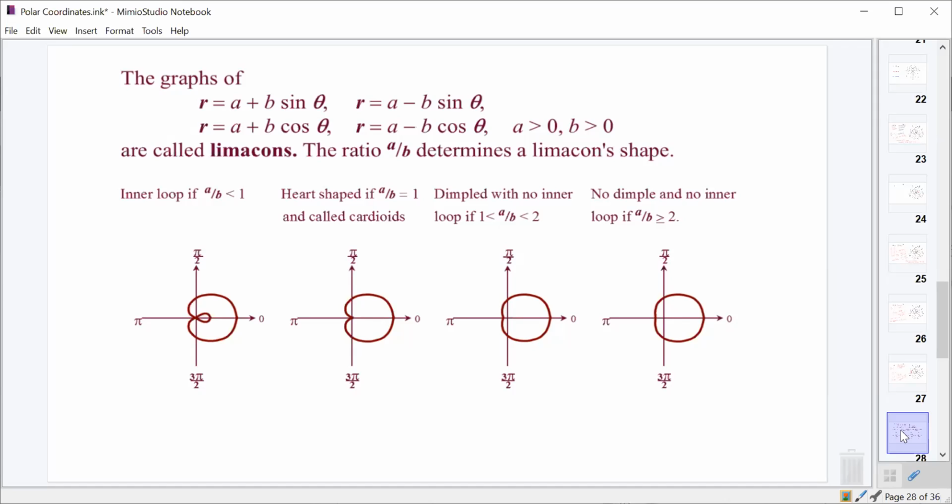Everybody good, or do we need to wait there for a second? I'm good. One person is good. Perfect. All right.